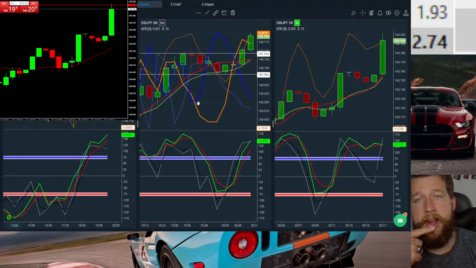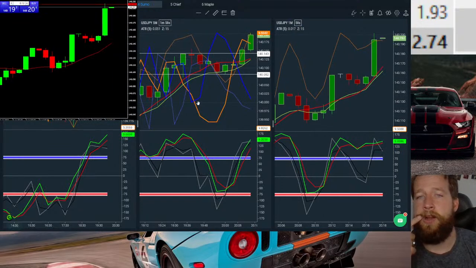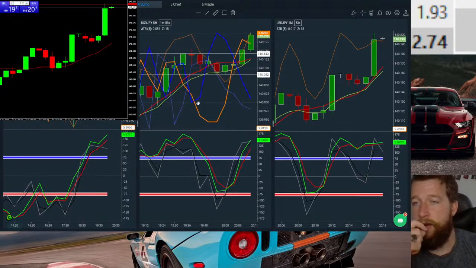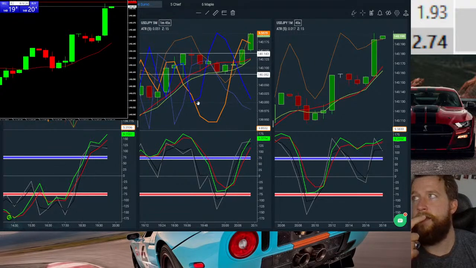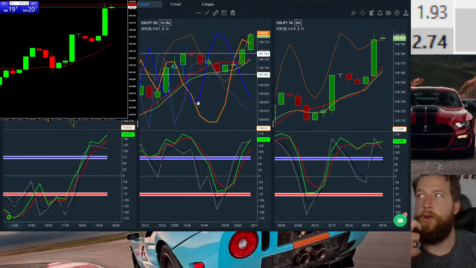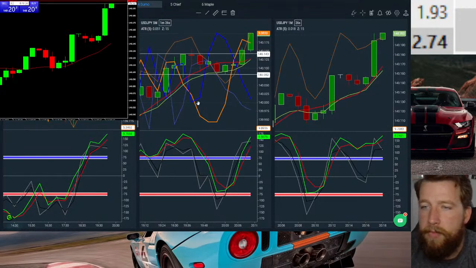So I'm not quite at a point as a day trader to where I'm confident enough to risk 1% per trade or more for that matter. At this point, just still learning, being safe. Not going to do anything stupid. I don't want to dig myself into a hole that I'd have to dig myself out of. So we're not necessarily looking for big gains here. We're just looking for consistent wins. But this is good.